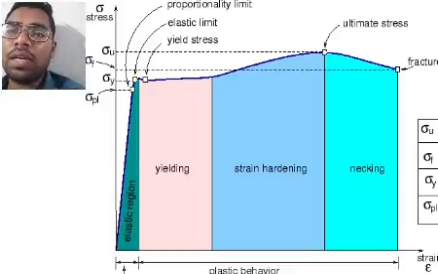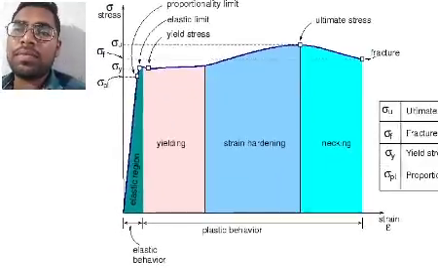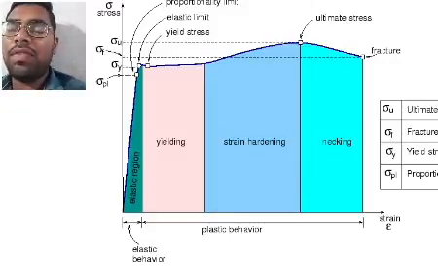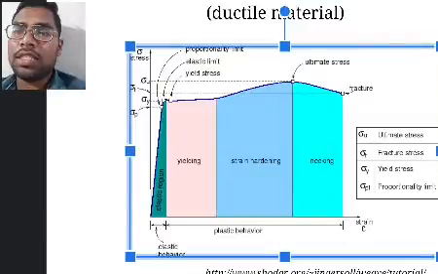Up to ultimate stress the strain hardening takes place, and after ultimate stress necking starts and the fracture of the material takes place. Only the area under the elastic point is known as elastic behavior, and the total area after that comes under plastic behavior, which means non-elastic behavior.